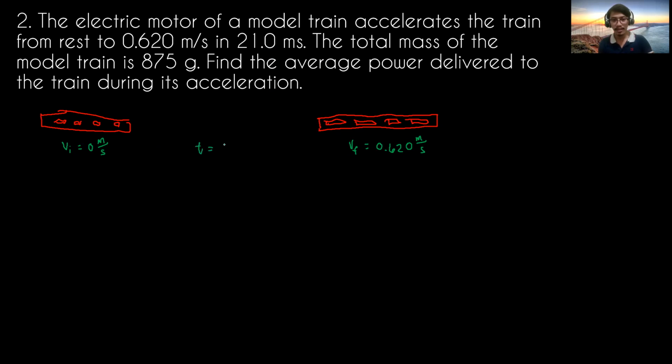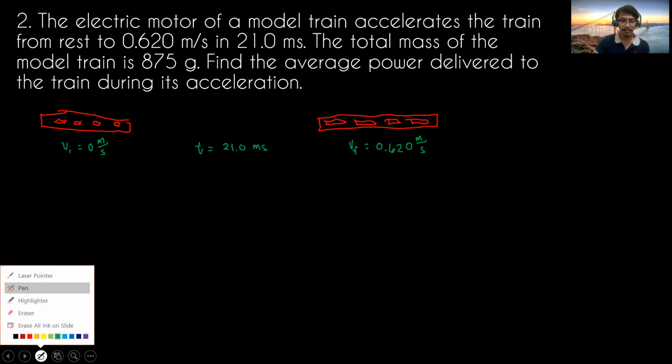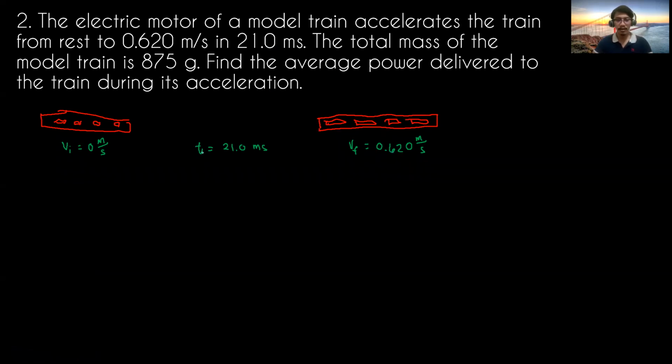So the time taken is 21.0 milliseconds. Take note of that prefix, milli. What is milli? That is equivalent to times 10 to the power of negative 3 seconds. So that is 21.0 times 10 to the power of negative 3 seconds, because milli means times 10 to the power of negative 3.